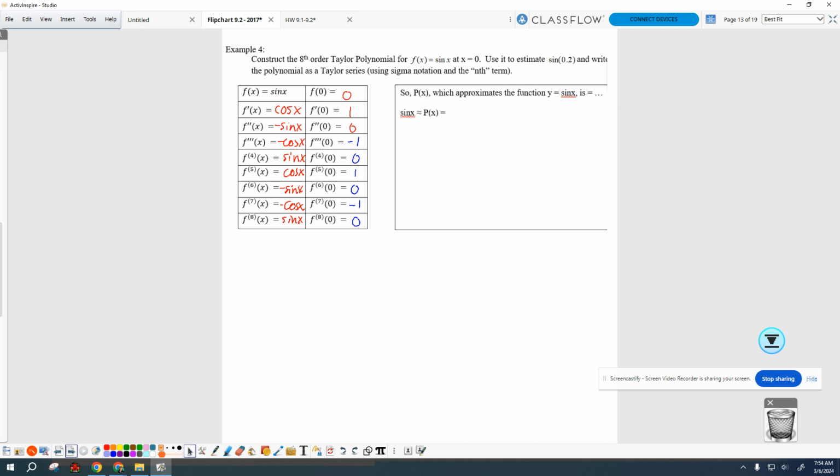Like, what's the constant of the function? It's the value of the function at the center, 0. Zero. So the polynomial needs to be 0 at the center as well. The next term, I need to make the first derivatives match. So using the pattern rather than integrating up, can anyone tell me what the next term should be?